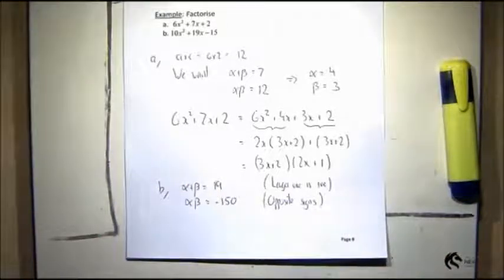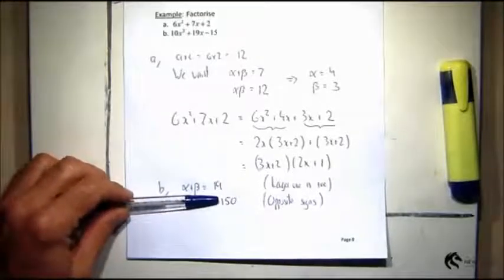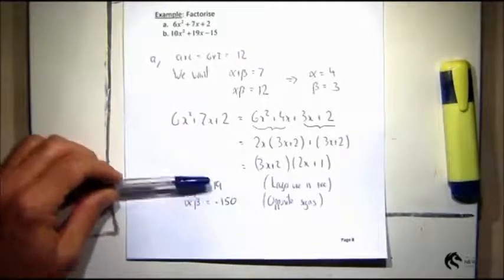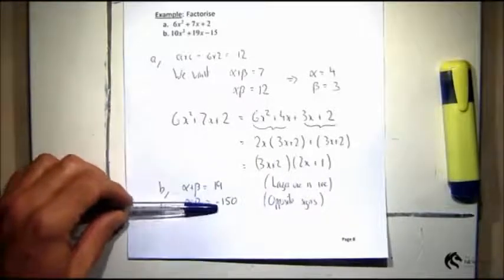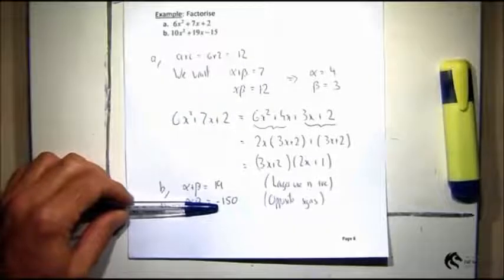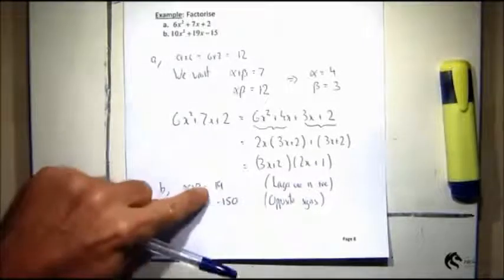So, let's start factorising 150. I could go 150 and minus 1, but when I add those I'm not going to get 19. Then I could go 75 and minus 2. But again, that's not very good because 75 and 2 are a long way apart. So I'm going to want numbers that are relatively close together.